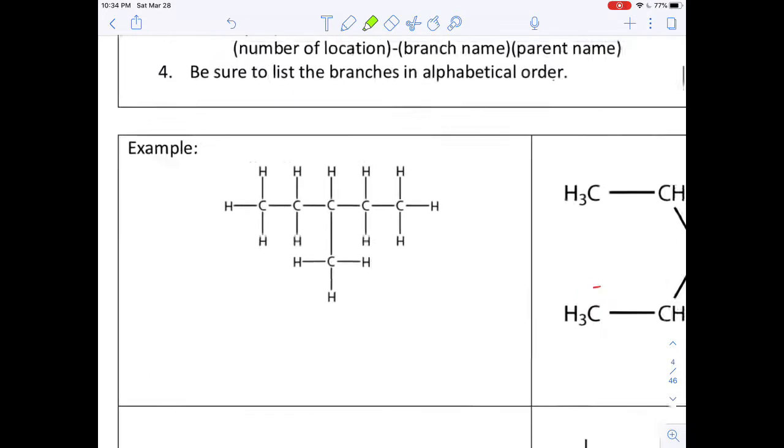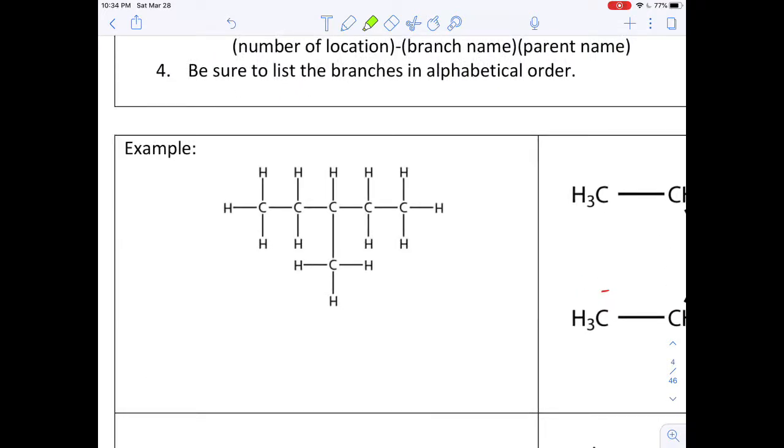So we'll look at this example here. We've got 1, 2, 3, 4, 5 carbons in the parent chain, or 1, 2, 3, 4. So our longest parent chain is actually going to be straight across in this one. Now we need to number the carbons.